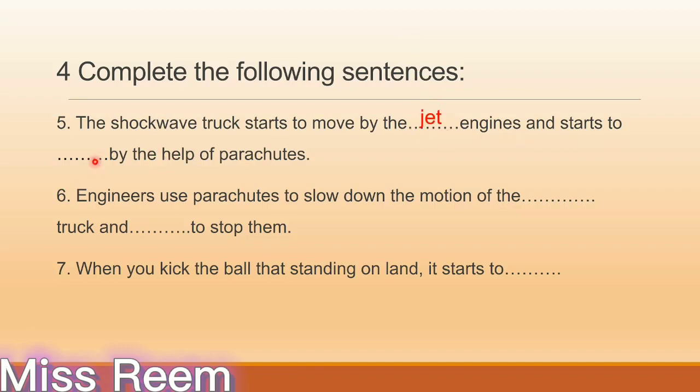And starts to, of course, stop by the help of parachutes. Great memory. Engineers use parachutes to slow down the motion of the shockwave truck and to stop it. Parachutes are used to slow down the shockwave truck, of course. Good job.